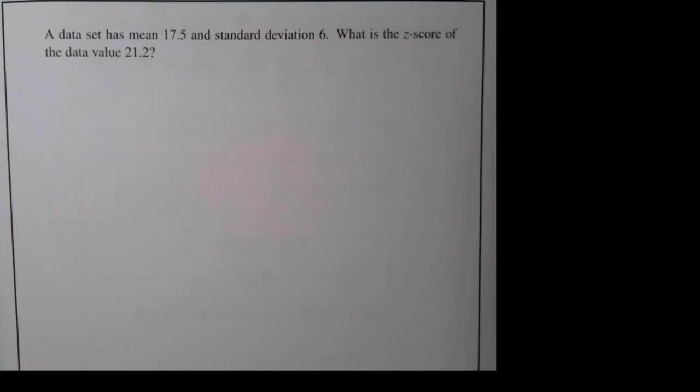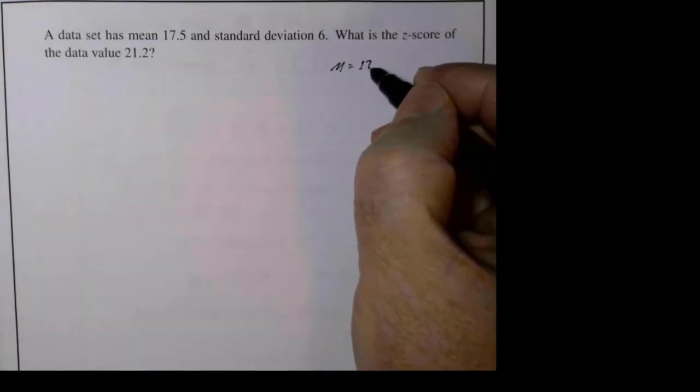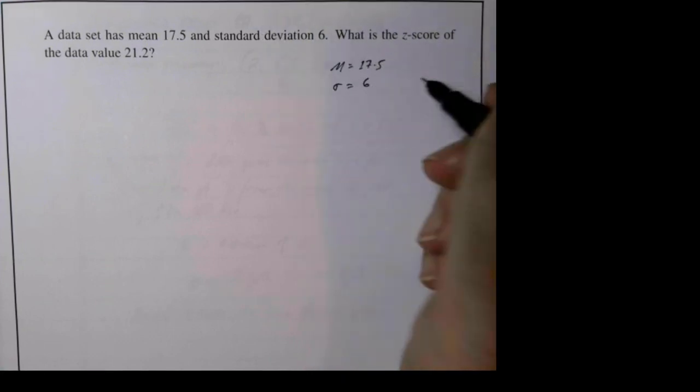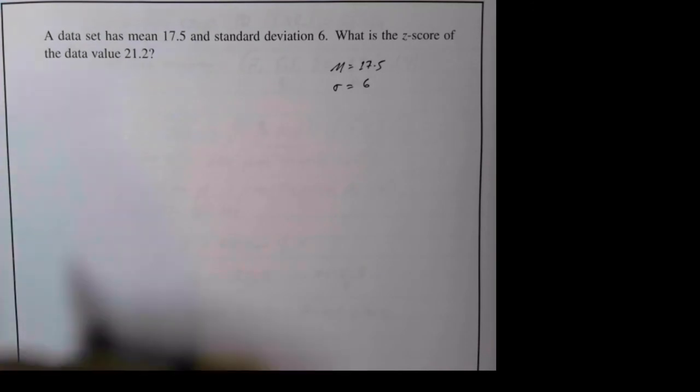All right, here's an example. A data set has mean 17.5. Right? So let's assume that this is population data. So mu is 17.5. And it has standard deviation 6. So sigma is 6. What is the z-score of the data value 21.2?